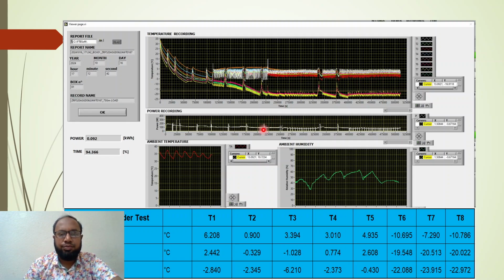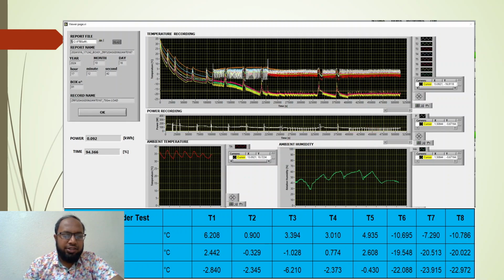As mentioned, the difference from here to here is 11 hours. After both the refrigerator and freezer chamber temperatures are achieved, the refrigerator is cycling and also defrosting. But after achieving the temperature, it is cycling, and the defrost does not happen after 11 hours. This is one of the noted options.